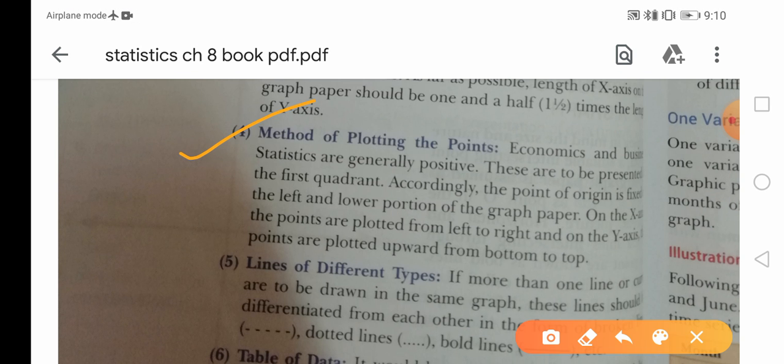Accordingly, the point of origin is fixed in the left and lower portion of the graph paper. On the x-axis, the points are plotted from left to right, and on the y-axis the points are plotted upward, from bottom to top.